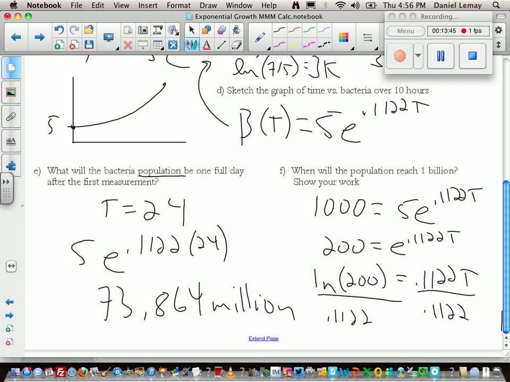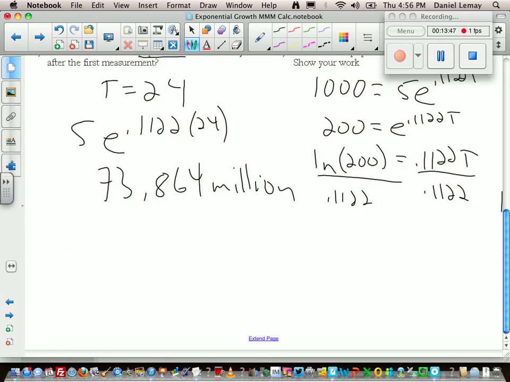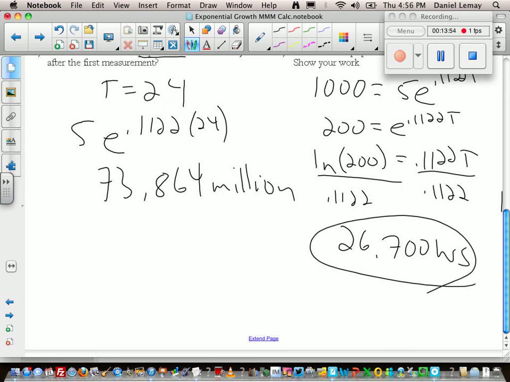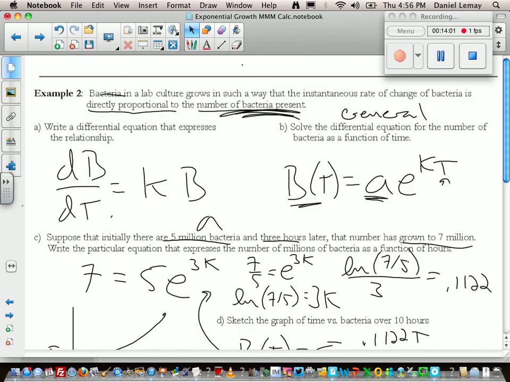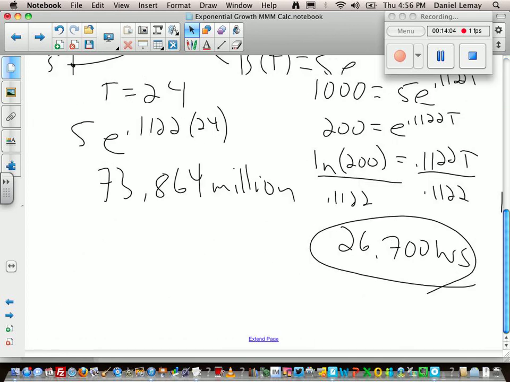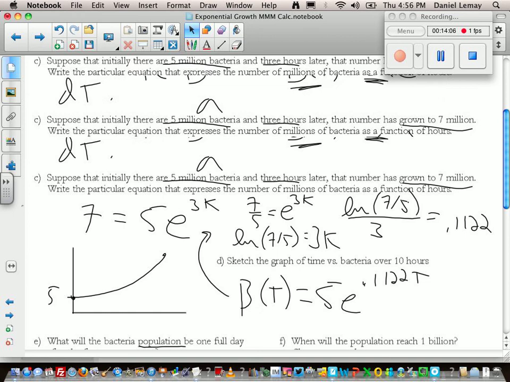And you'll get, I got 26.700 hours. Okay, so a lot of this is pre-calculus. They're adding in this element of differential equations. If you ever take a differential equations course, you'll just do a lot more. This is where you'll start. Okay, hope that helps.